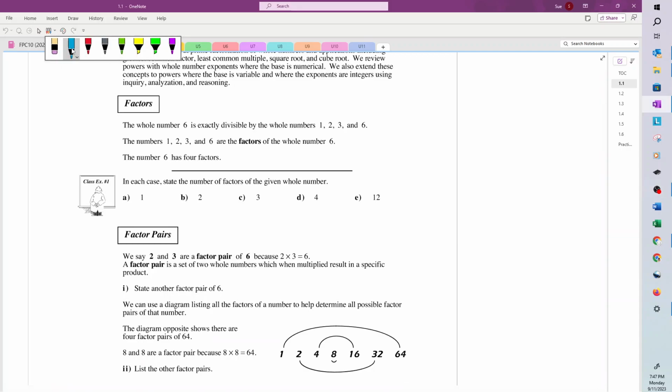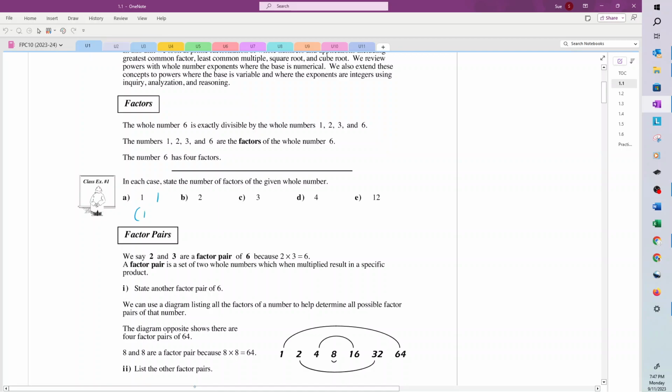Okay, so the number 1 has 1 factor, and that factor is just 1 because 1 times 1 is 1. The number 2 has 2 factors, the numbers 1 and 2, because 1 times 2 gives you 2. The number 3 has 2 factors as well, 1 and 3.